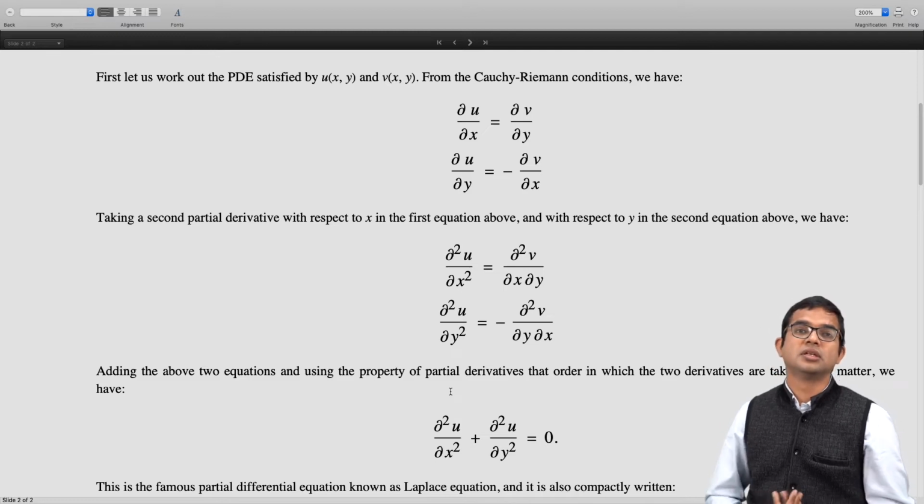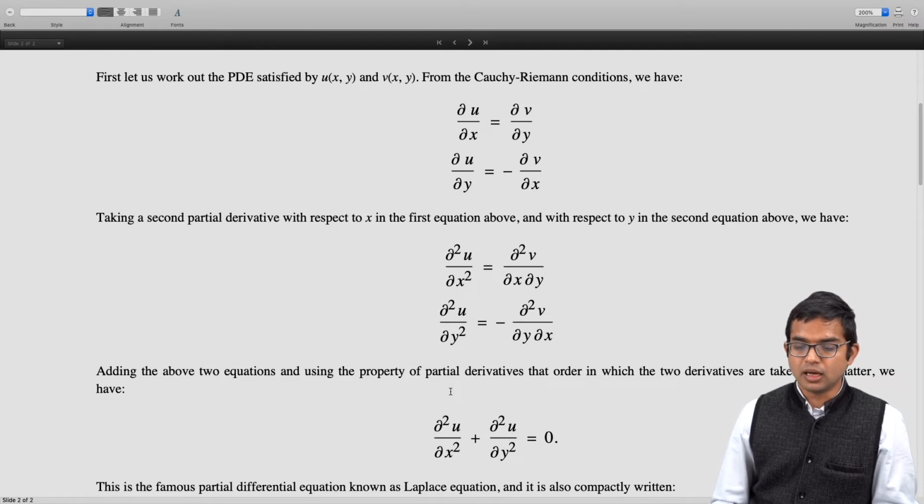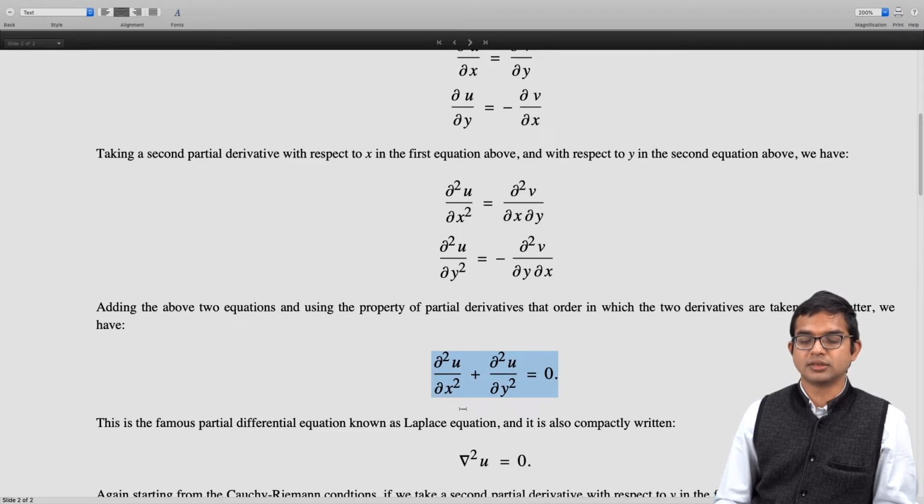So this is the famous Laplace equation. It's also written as nabla squared u is equal to 0. It is something that we have perhaps encountered in electrostatics, or when we're looking at properties of temperature distributions and so on.